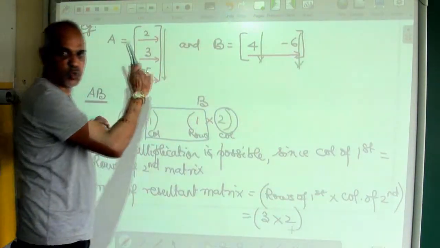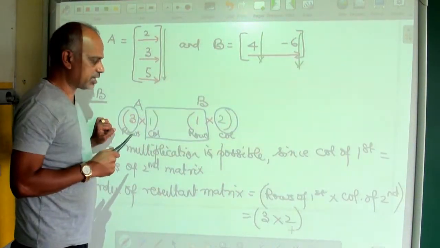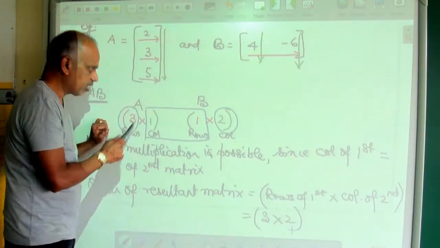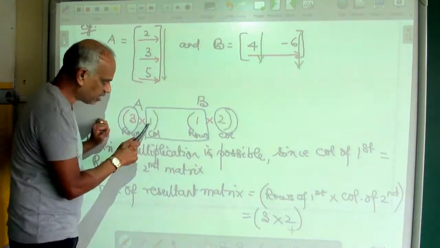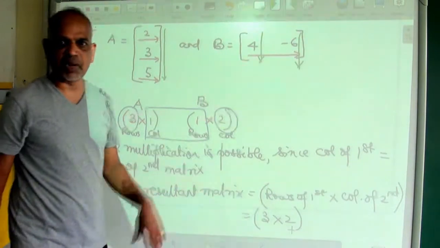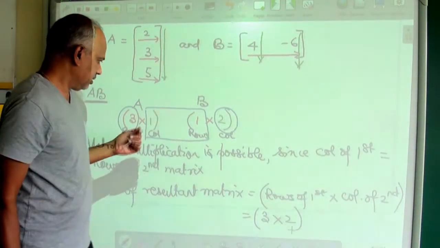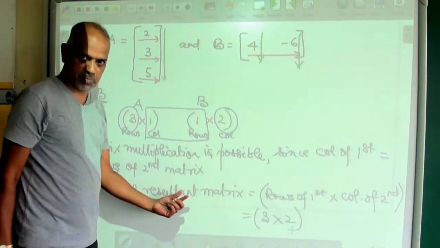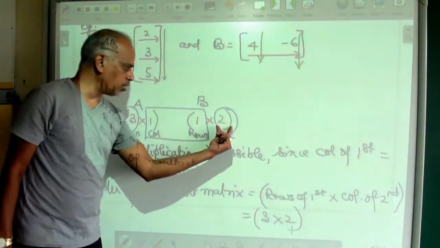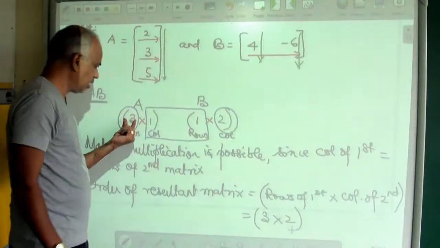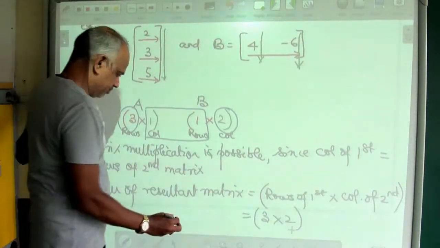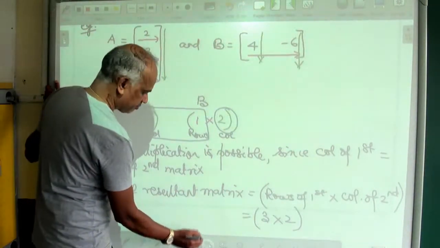So whenever you look at two matrices, the first thing that you have to check is whether you can multiply them. To check that, write the order of A, write the order of B, and see whether these two numbers are the same. If these two numbers are the same, it means you can multiply the two matrices. And the result that you get by multiplying will be of the order rows of the first matrix by columns of the second matrix. So that will be a 3 by 2 matrix. Now, let's see how to multiply them.